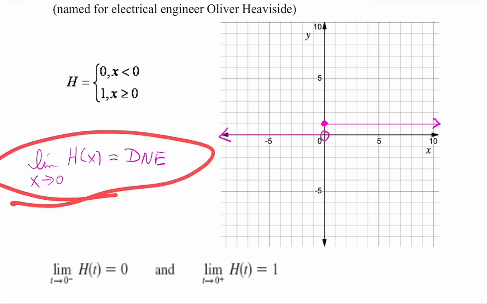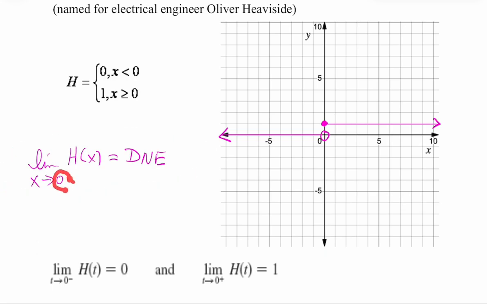But the actual limit, without that little plus or minus on it, does not exist, because I don't know which is the right one to pick. Am I at 0? Am I at 1? I don't know. That can happen a lot with piecewise functions. Okay, does that make sense? Yes.